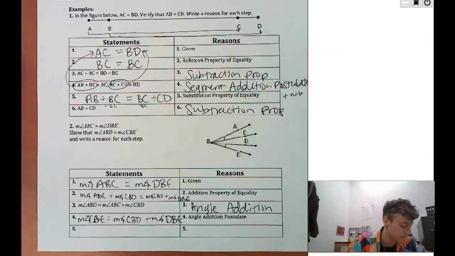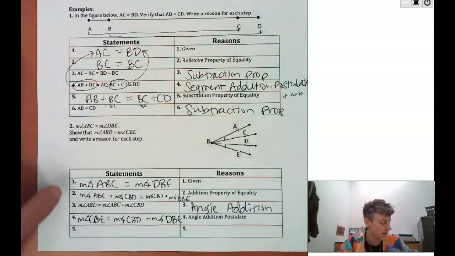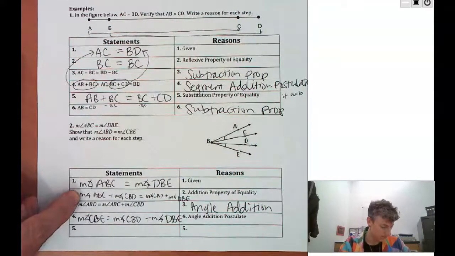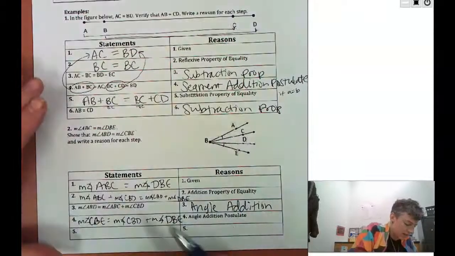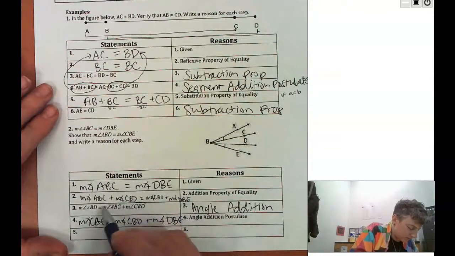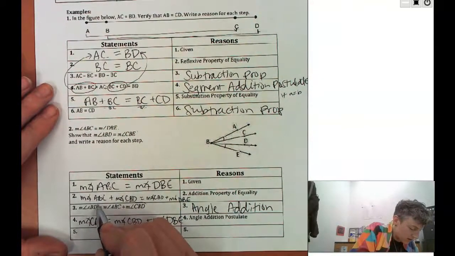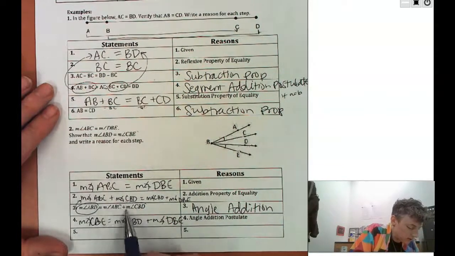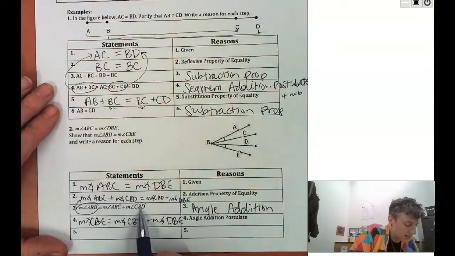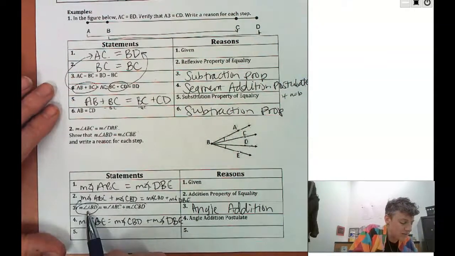All right. Our last step. We had measure of angle ABC plus CBD equals CBD plus DBE. I see that same expression here, so I can plug the other thing in there because they're equal. Where I see ABC plus CBD, I can just put ABD.